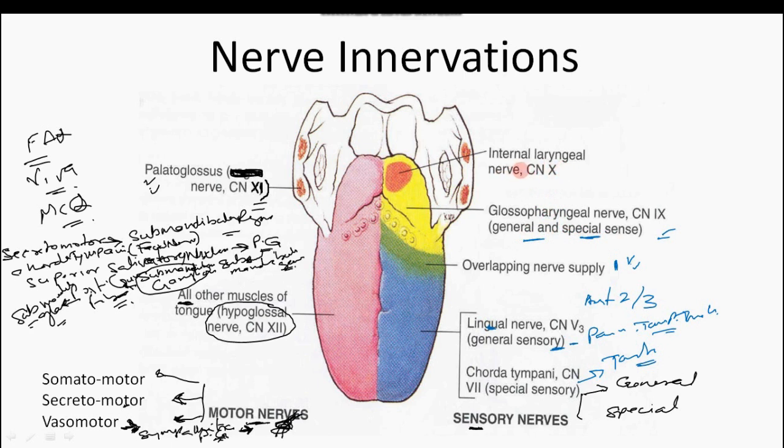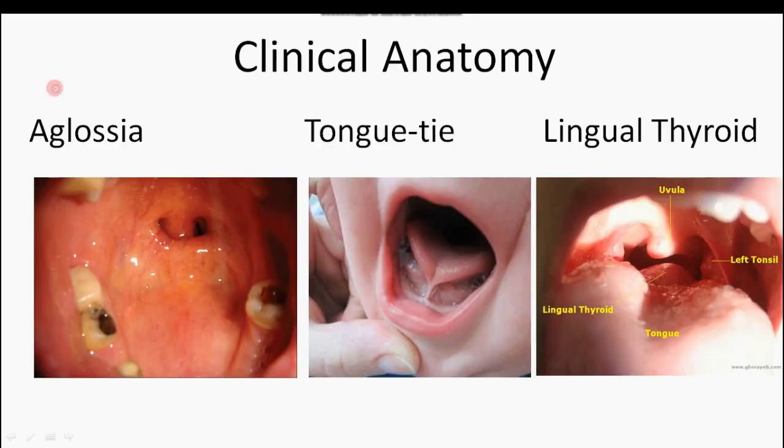Whereas in the most posterior part of the posterior 1/3, this is innervated by the internal laryngeal nerve, which is a branch of the superior laryngeal nerve coming from the vagus nerve, the 10th cranial nerve.